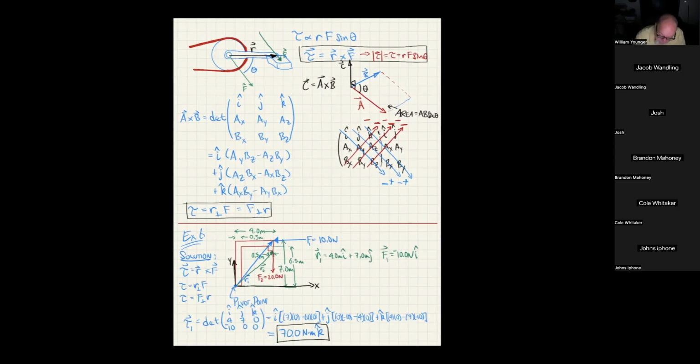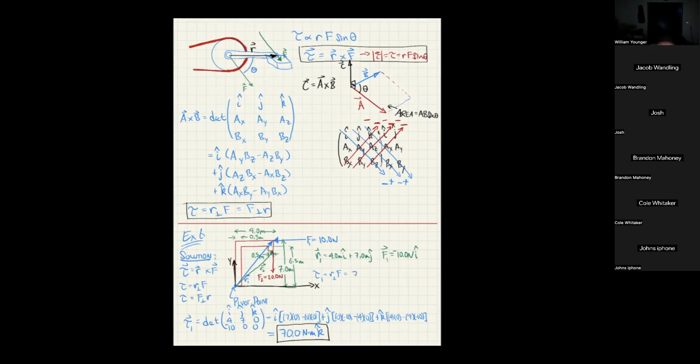Now, check this out. If I take the torque and recall that it is the component of r perpendicular to F, then I can just look at this and say, well, F is pointing horizontally, despite the drawing not being perfect. So the perpendicular component of r would be the vertical component, which I can tell already is 7 meters.